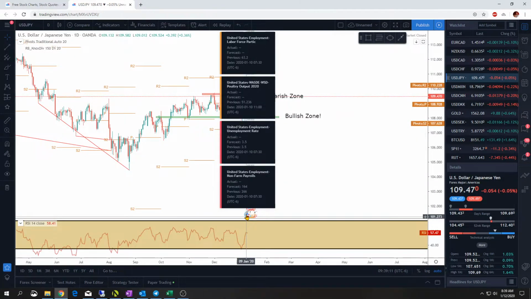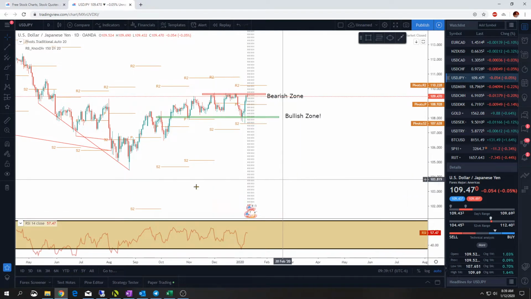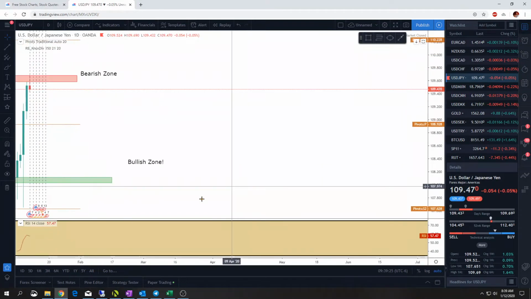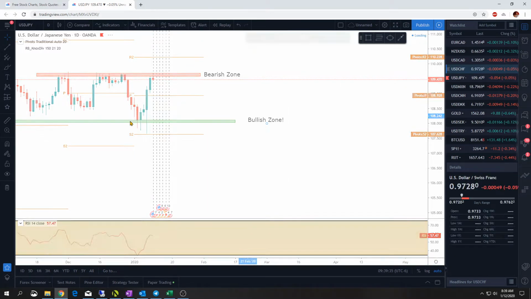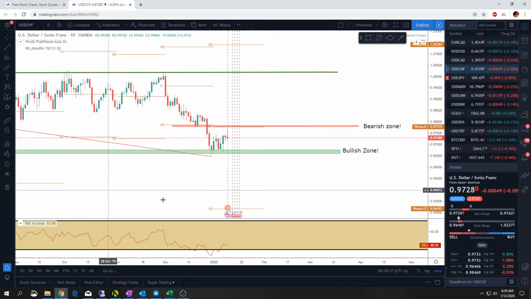We got some fundamental things coming out, so it should be a good week for the US dollar. So this one I'm going to turn red because I think right on the open we want to be short this pair. We're already starting to see some good bearish activity right there.